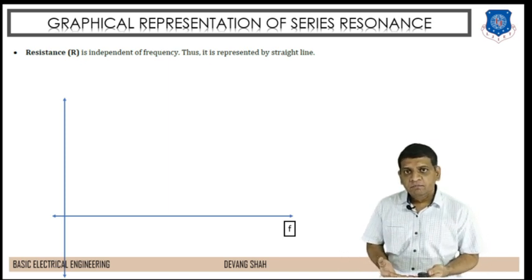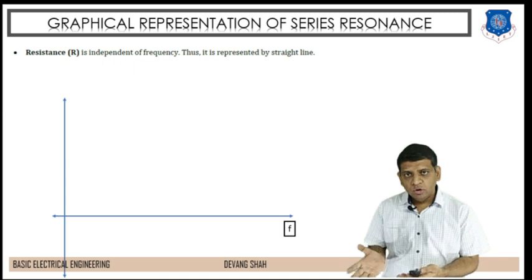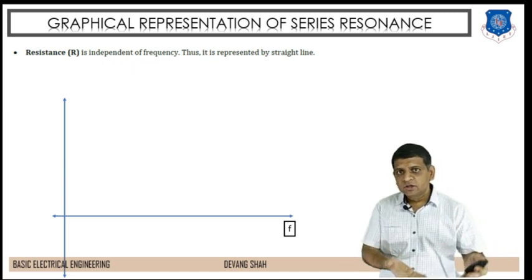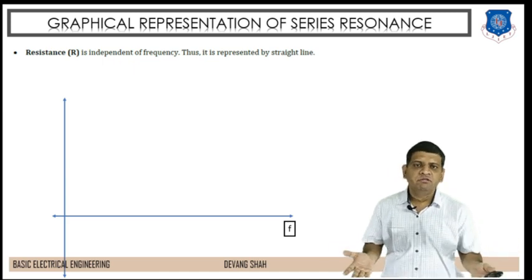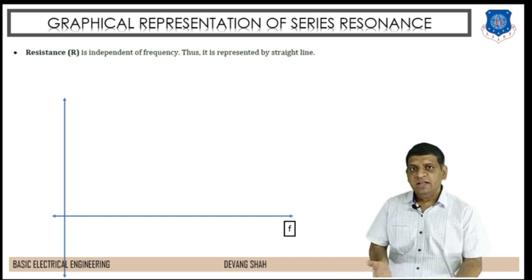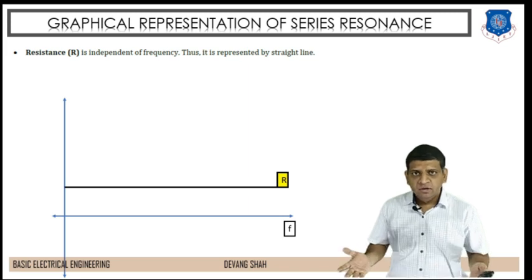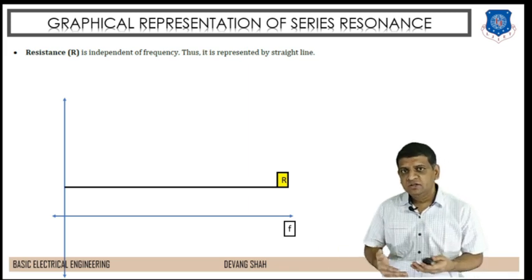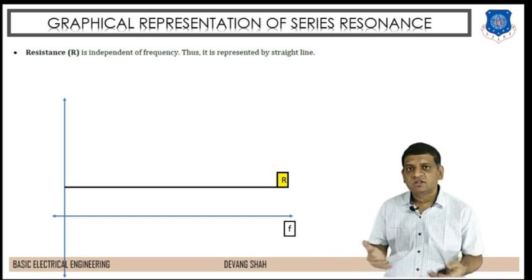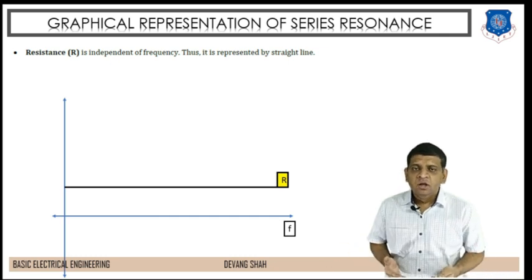Because even if the frequency is 0, or you increase it up to certain kilohertz or megahertz, there is no change in the value of resistance. So I can say resistance becomes constant. This is a straight line with respect to frequency. If there is a change in frequency but no change in resistance, because resistance is constant at any values of frequency. So that's the resistance.